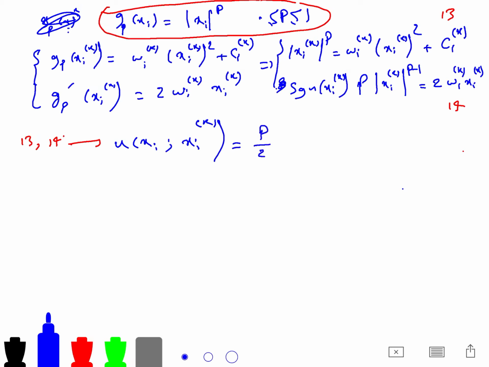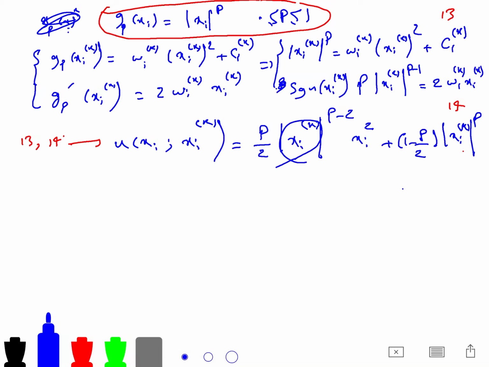This one is equal to p over 2 x_i^k to the p minus 2 times x_i squared plus 1 minus p over 2 times x_i^k to the p. What if this one is 0?